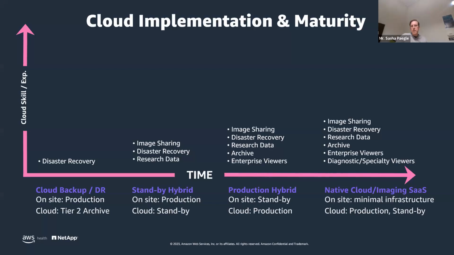As you consider adopting different applications, they may require you to think through different ways that they might be implemented. This is where you start to think about different hybrid architectures, meaning that you may have some infrastructure and capabilities on-prem to deliver an imaging solution, and some capabilities in the cloud. And their roles may actually change over time.